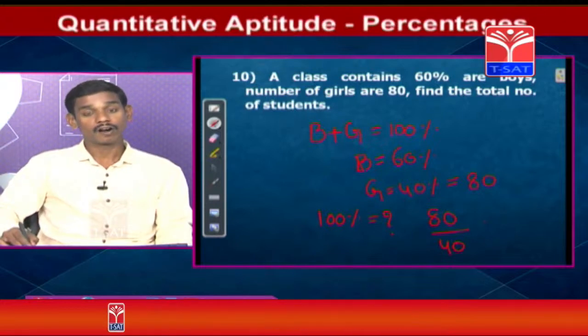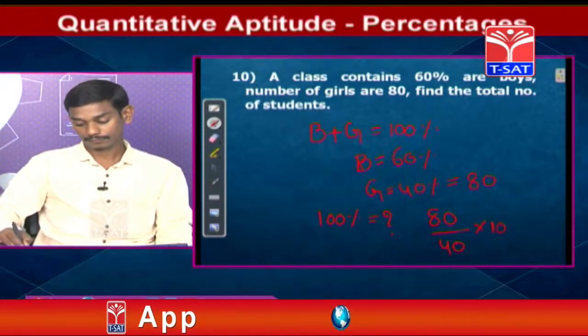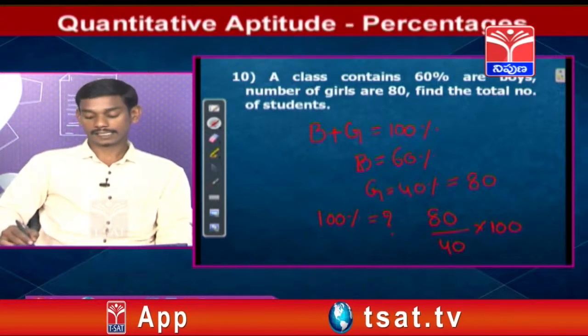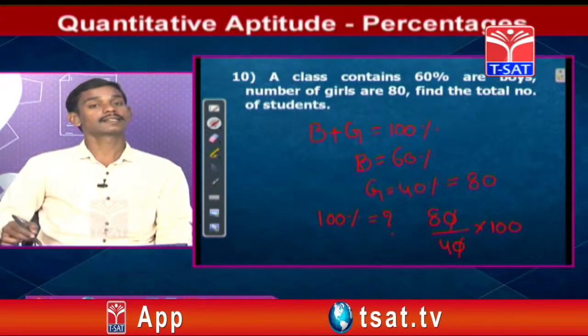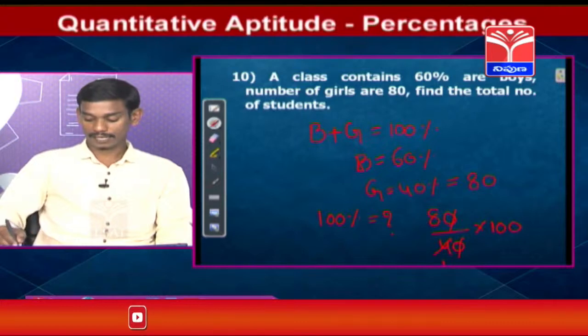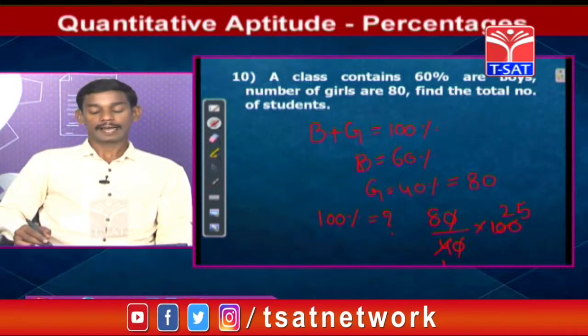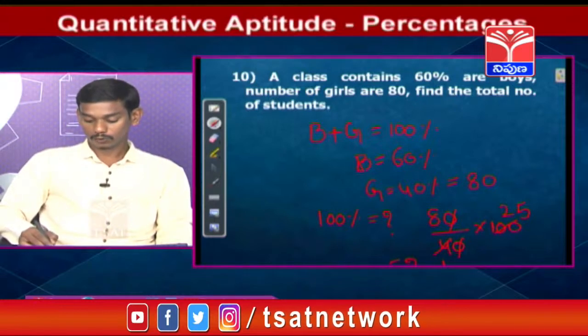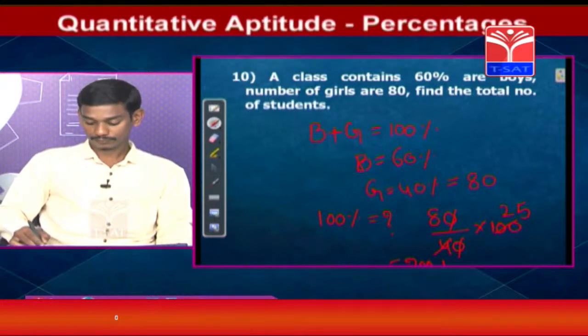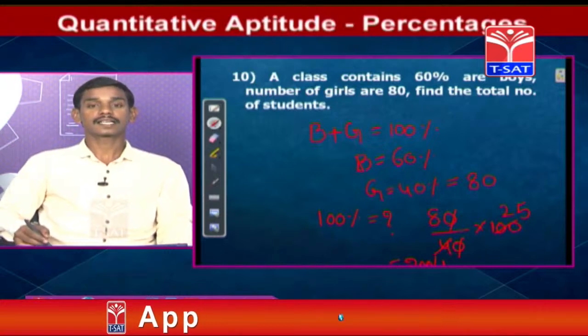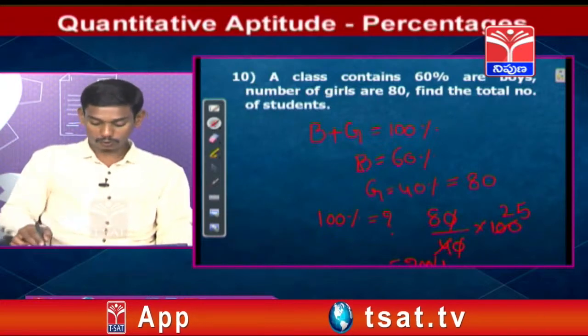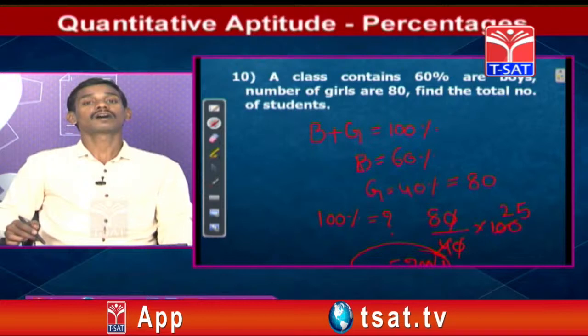We wanted to find 100%. Calculations here, 0 0 will cancel, 4 1 ja 4, 25 ja, and 25 8 ja 200 members. So this is the total number of students. This is our required answer.